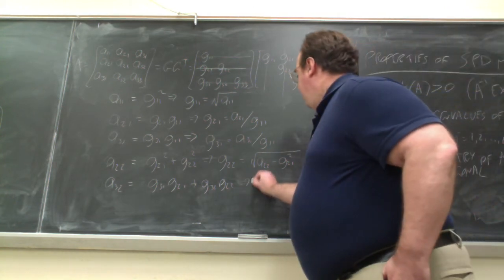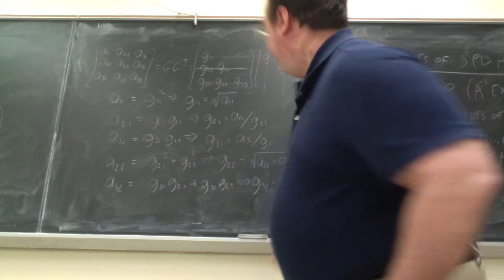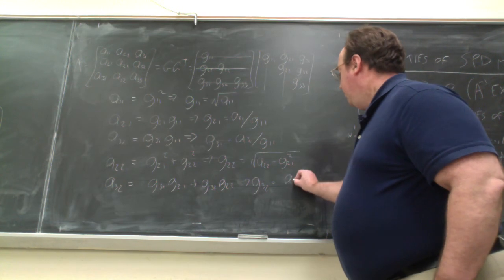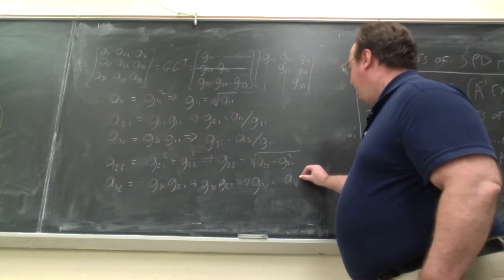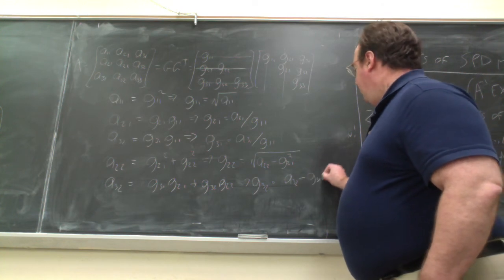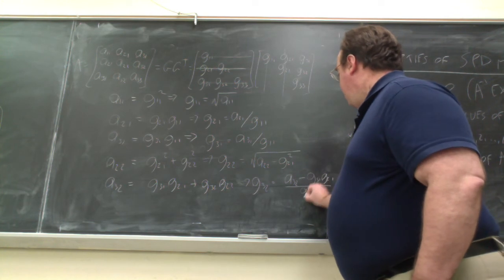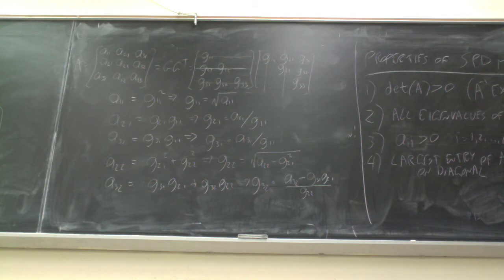So G32 is A32, like before, except we have to subtract something off first. It'd be minus G31 G21, which we got up here, over G22, which is guaranteed to be positive by the definition of Cholesky factorization, so there's no problem with that division.